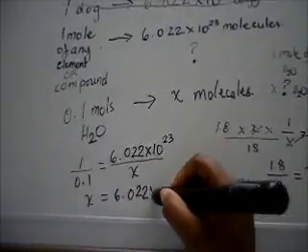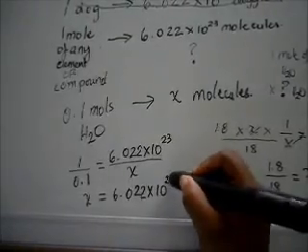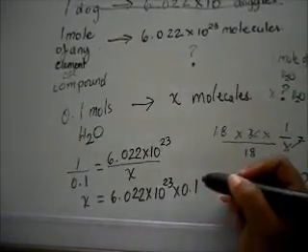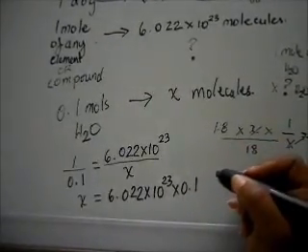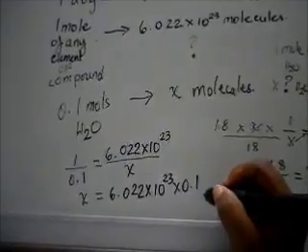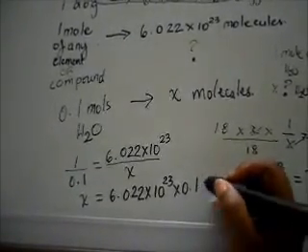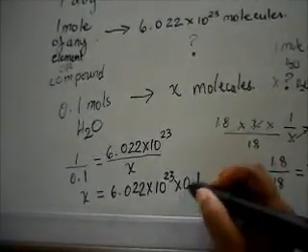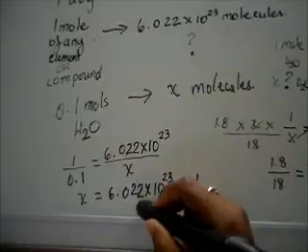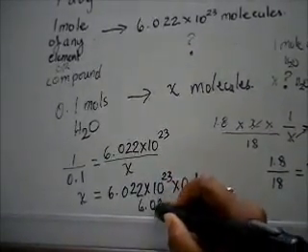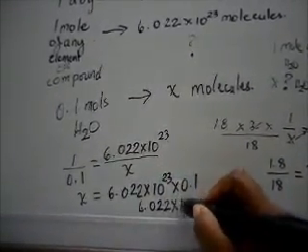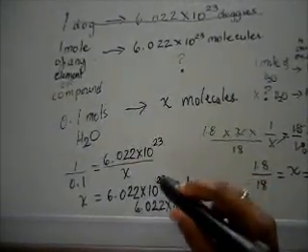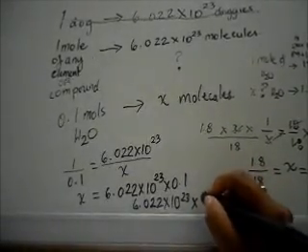6.022 times 10 to the 23 times 0.1, right? And that will be your answer. You can always go forward, but I don't have my calculator right now, which should be simple enough. We have 6.022 times 10 to the 23 times this, in scientific notation, will be 10 to the negative 1.